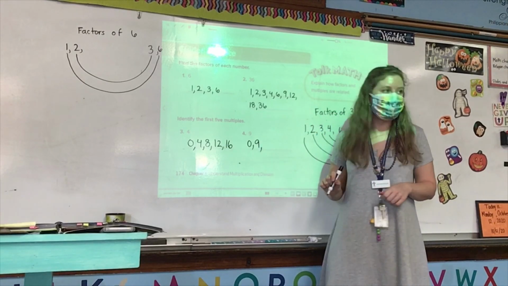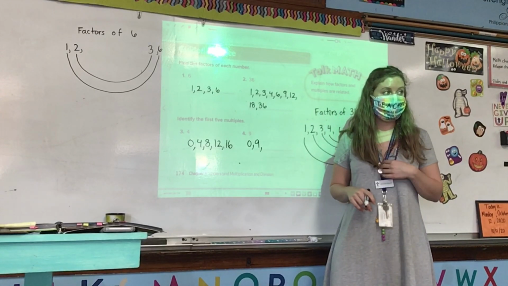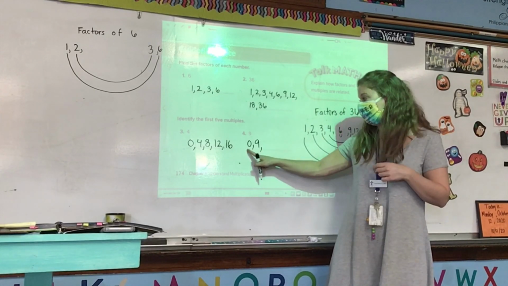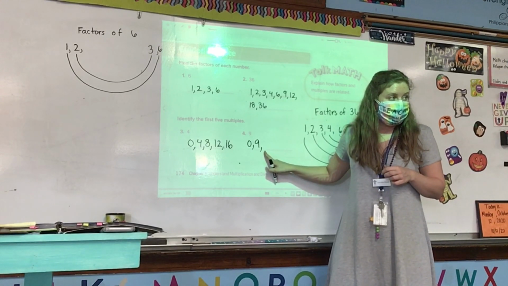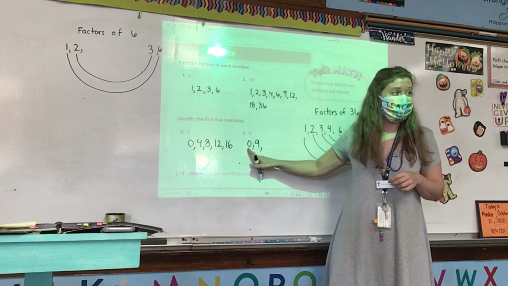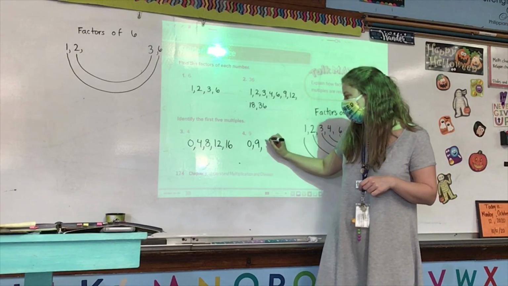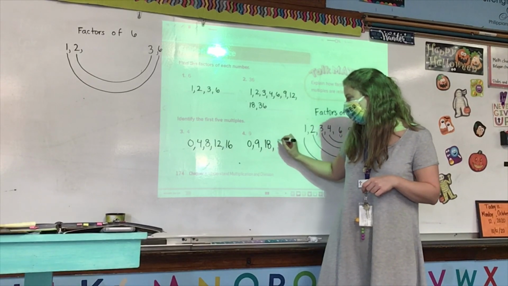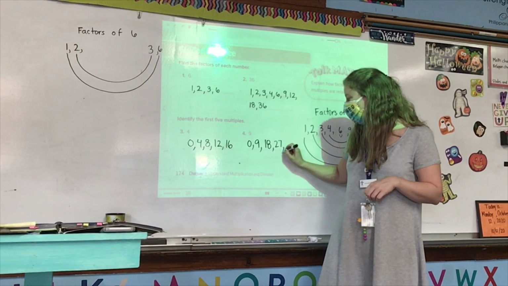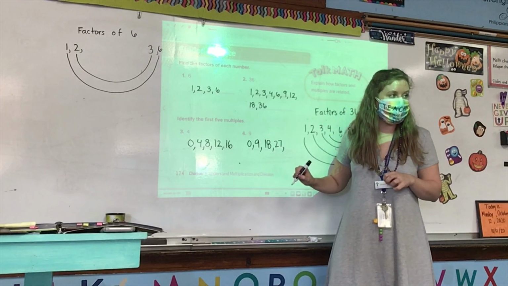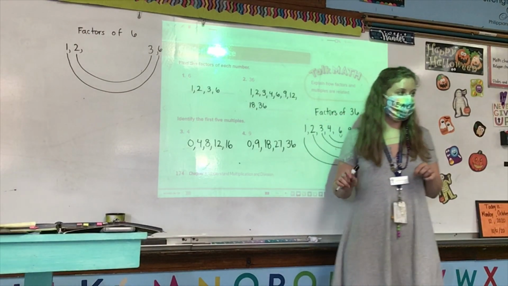Then we do 9 times 2, which is 18. Then we do 9 times 3, which is 27. Then we do 9 times 4, which is 36. Ooh, I can tell somebody really worked on their multiplication facts over the break.